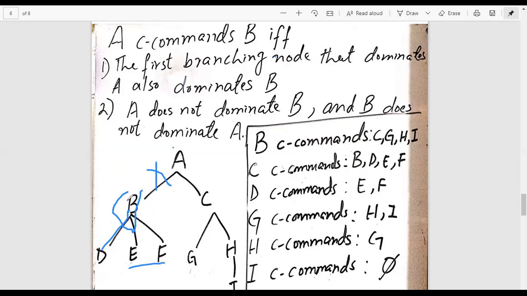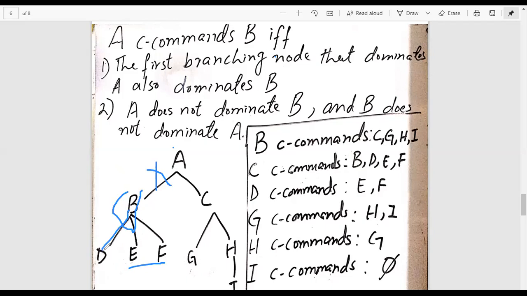D cannot c-command B. Why? Because B is the mother of D, right? So the daughter cannot c-command its mother. A daughter can c-command its sister and cousins, nieces, all these things. But a daughter cannot c-command her mother.